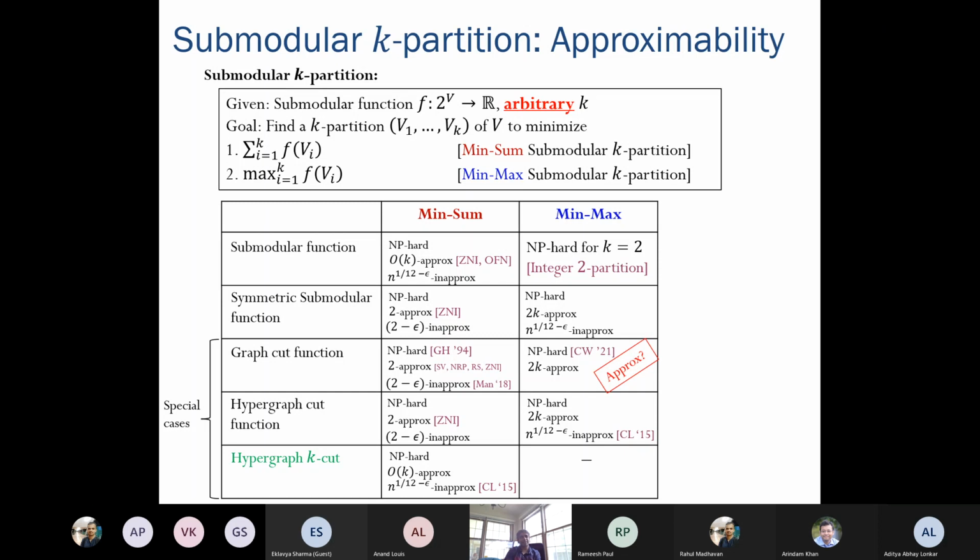Parameterized by k, there are fixed parameter approximation schemes. So that's the status for FPT. I don't have a slide for that, but I think everything is pretty much resolved. Improving the dependence in the FPT runtime may still be open for graphs. But for hypergraphs and general submodular functions, things are hard there.